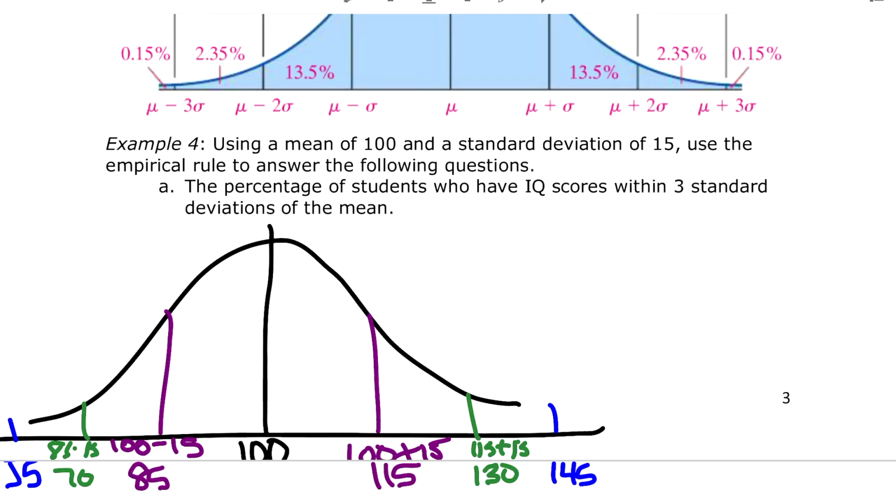All right, so now I can see all of the values that I have for this example. The first question asks for the percentage of students who have an IQ score within 3 standard deviations of the mean. So it's not asking me for the numbers that are here. It's asking what percent of students are going to be within 3 standard deviations of the mean.